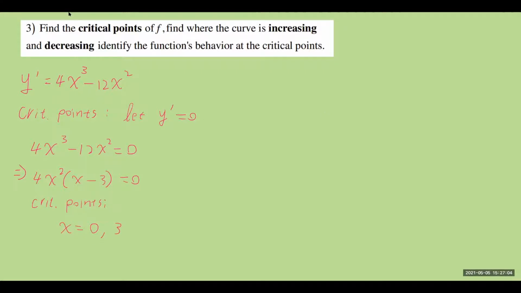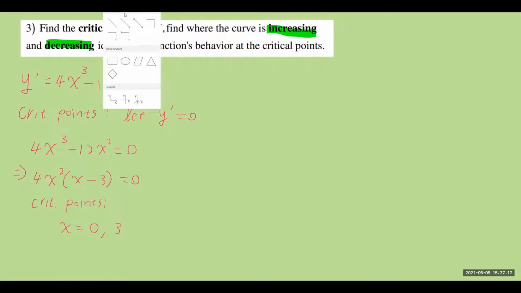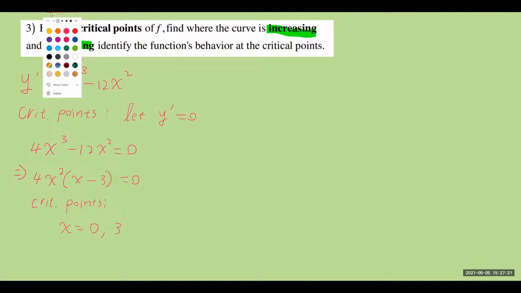And if you look at the second part of step 3, it says find where the curve is increasing and decreasing, and identify the function's behavior at the critical points. So this is going to be something like what we were doing with the first derivative test.